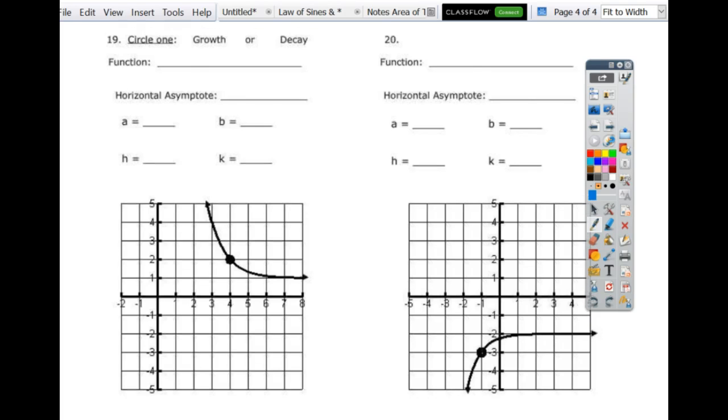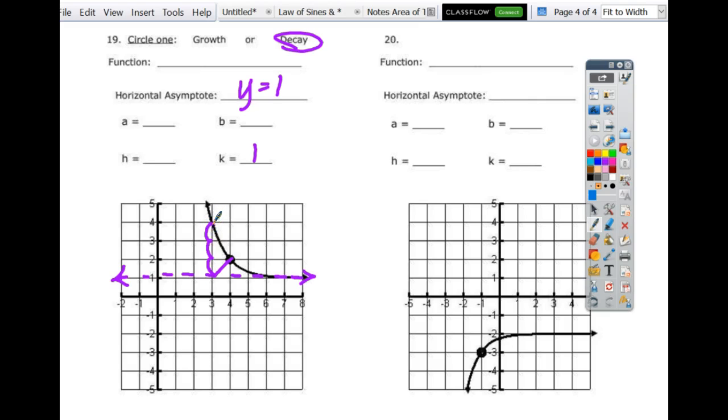So is this one growth or decay? Decay, right? It goes up on the left-hand side. So this one is decay. Here's my asymptote. So here's my 1. So 1, 2, 3.